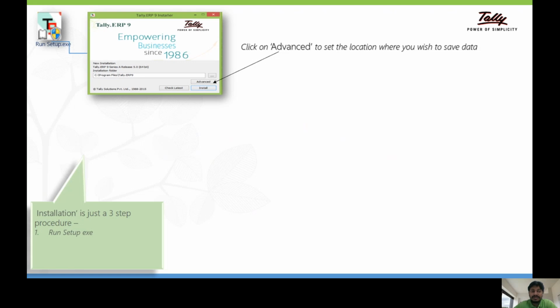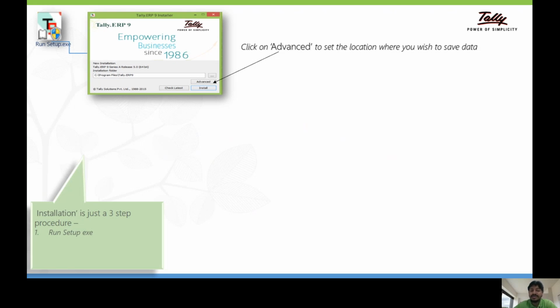Once you double click on this setup file, you will get this pop-up screen where you can click on advanced feature if you want to configure the data while installing Tally. Or if you want to make changes, like automatically it will take the C drive path, C program file, Tally ERP9.